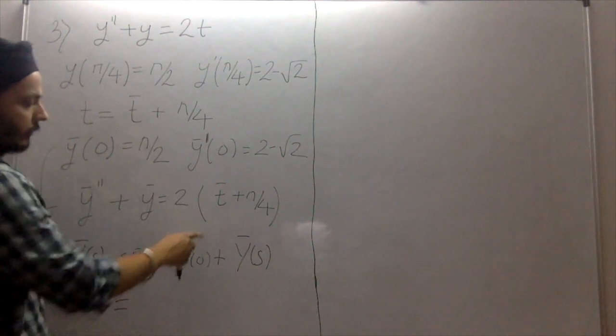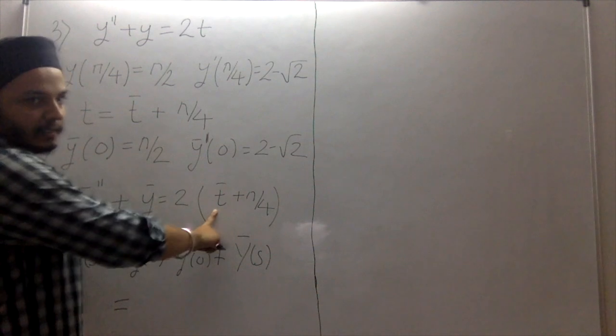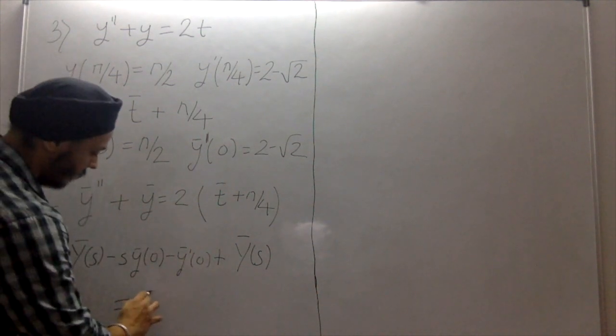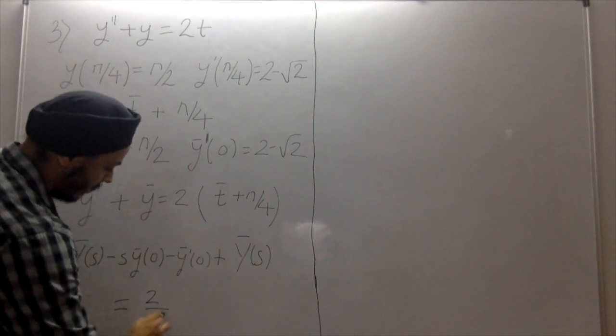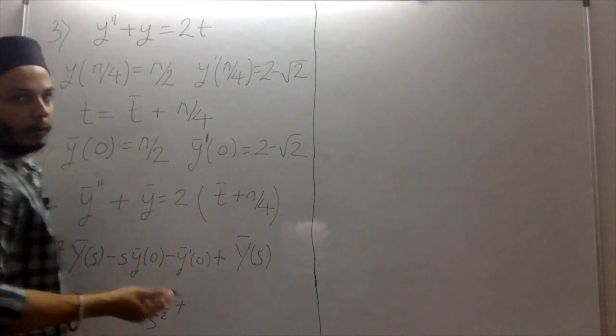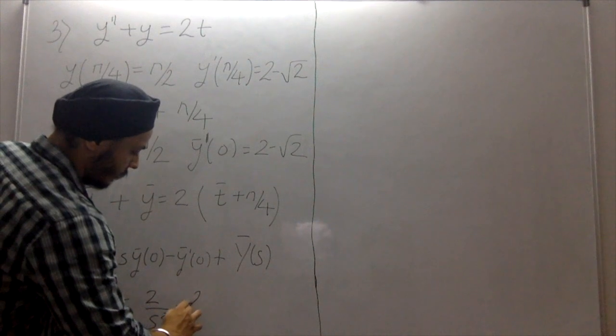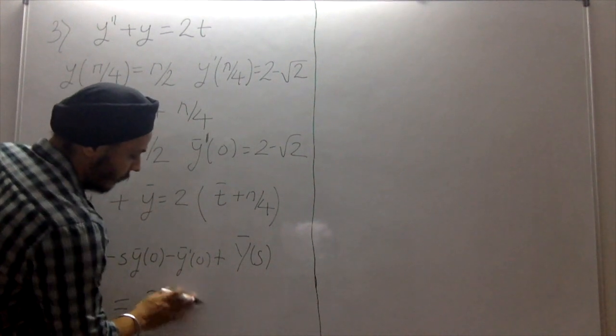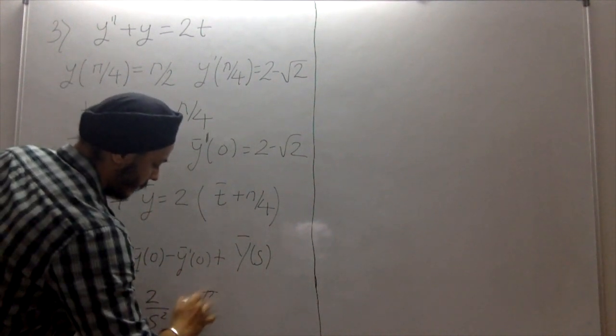This will be equal to the Laplace transformation of t, which gives 2 by s square, plus the Laplace transformation of pi by 4, which will be pi by 4s. So 2 times pi by 4 will be pi by 2s.